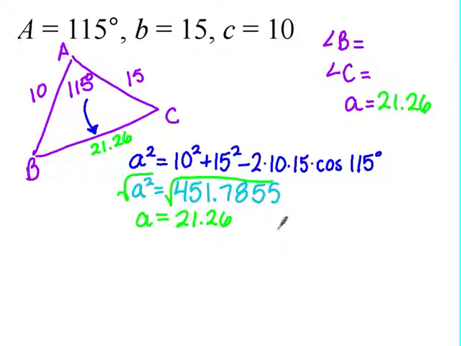Okay, so my angle side combo is sine of 115 over 21.26, and that's going to equal sine of C over 10. So to 4 decimal places, I want you to tell me what sine of C is.